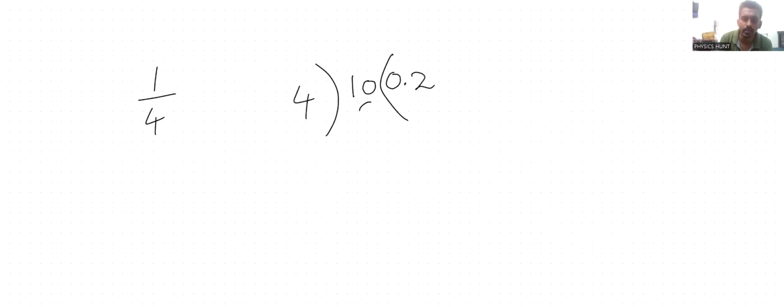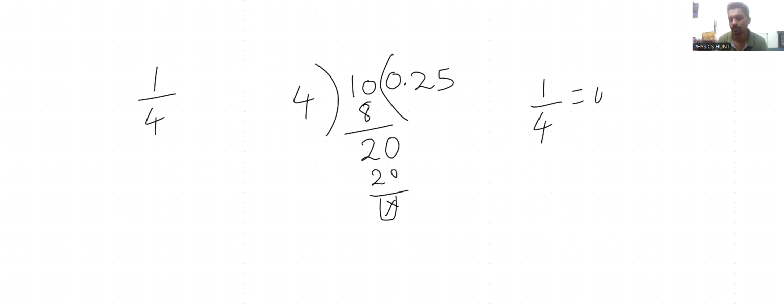So when decimal is there, you can add 1 zero. Then 4 fives are 20. So 1 by 4 is a fraction that is equal to 0.25. So now you can convert every such fraction into decimal.